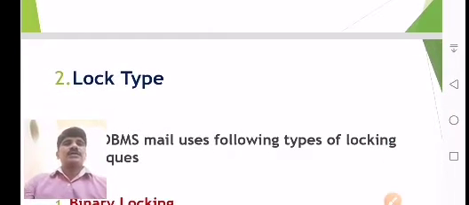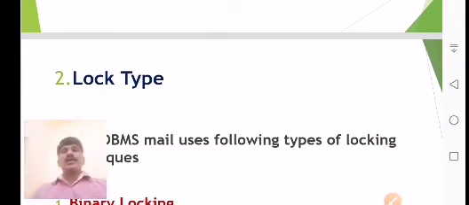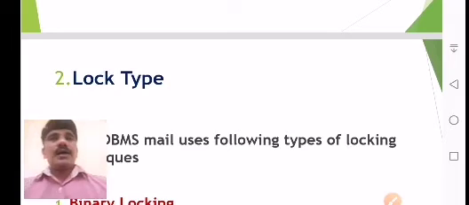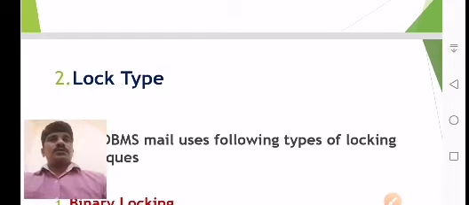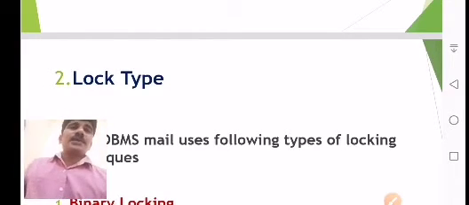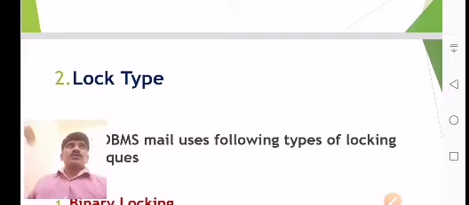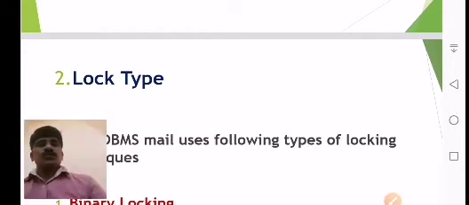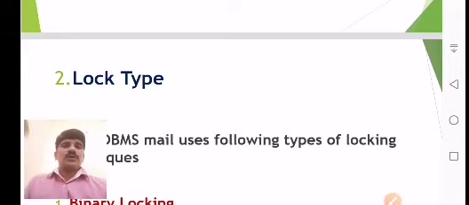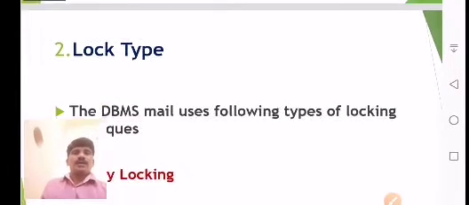And the second one is lock type. As I already told you, the locking method of concurrency control can be divided into two types: one is lock cardinality and the second is lock types. Here, we now discuss the lock types.